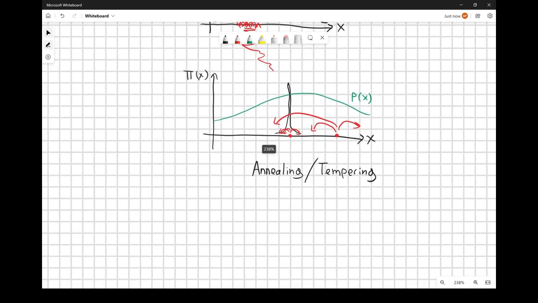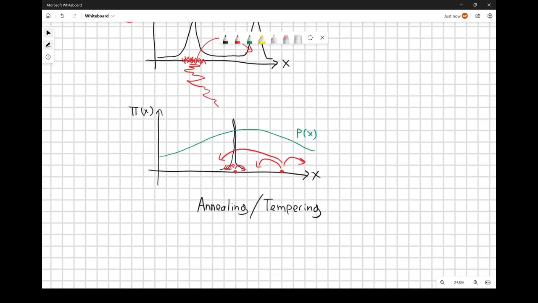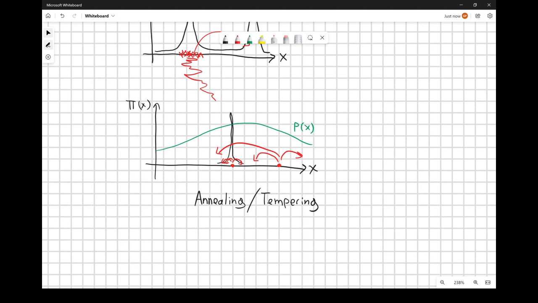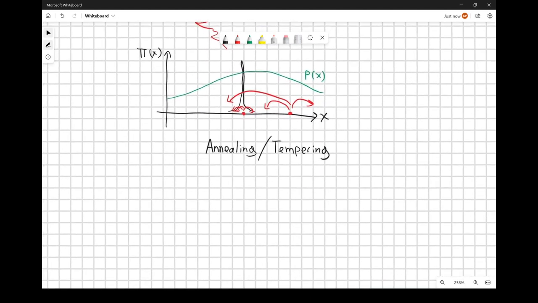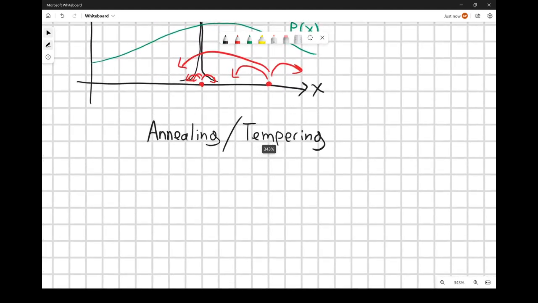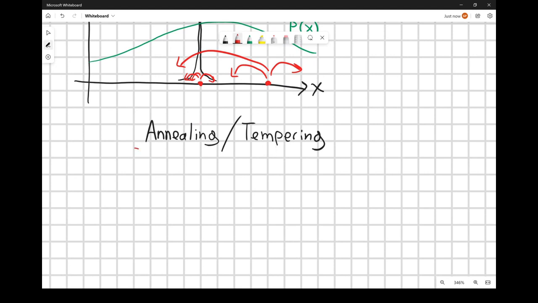So with the analogy with statistical physics, we drop it slightly, and we'll describe why shortly. But ultimately, these methods do come under one of these two names, and whether it's called annealing or tempering, people usually mean the same thing. So we don't need to worry too much about what they call it.